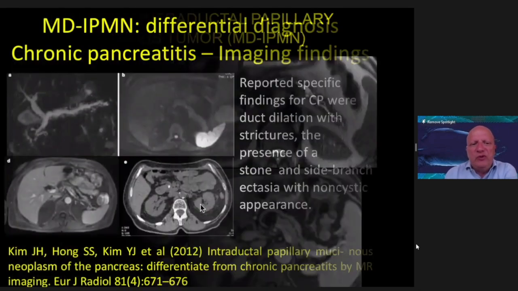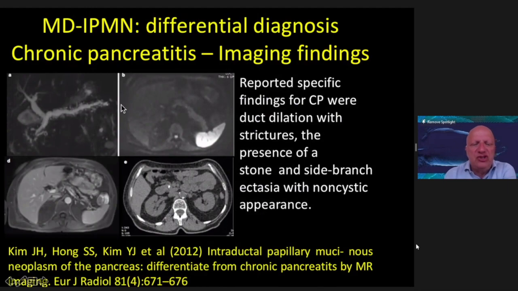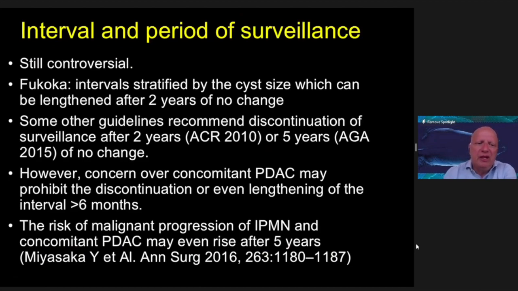When we see a diffuse dilatation of the duct, we have to make a correct differential with chronic pancreatitis. Duct dilation with the presence of stones and side branch ectasia with non-cystic appearance are most typical for chronic pancreatitis. These lesions should be followed up.